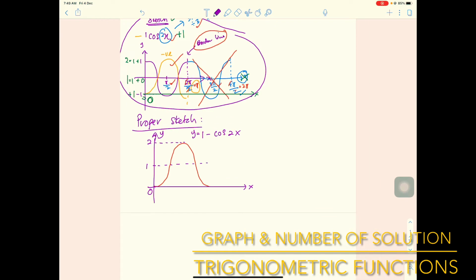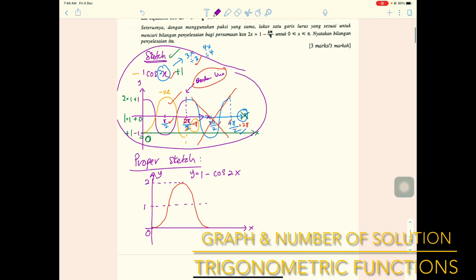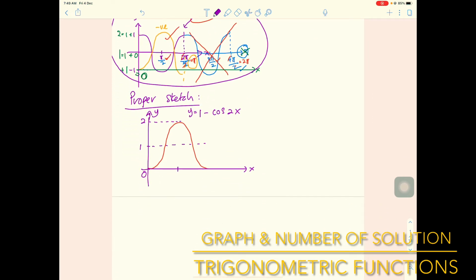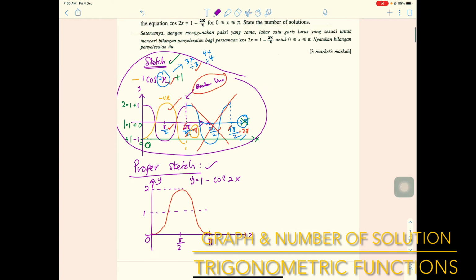This is how we sketch the graph function. I forgot to write down the scale, so this is pi over 2 and pi. This is the proper graph function.